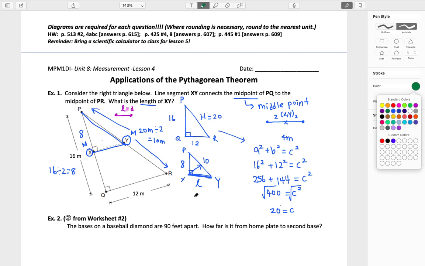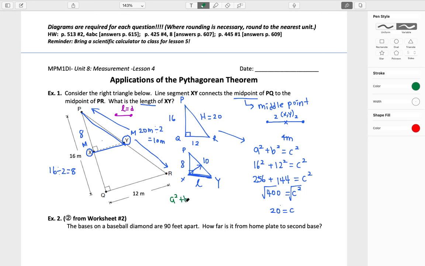So let's try it. So a squared plus b squared equals c squared. And I could rearrange it. So let's say I'm looking for a. So I'm going to move positive b squared to the other side. So a squared must be c squared minus b squared. So a squared is equal to, c is 10, oops, and b is 8. And then c squared is 100, and 8 squared is 64.